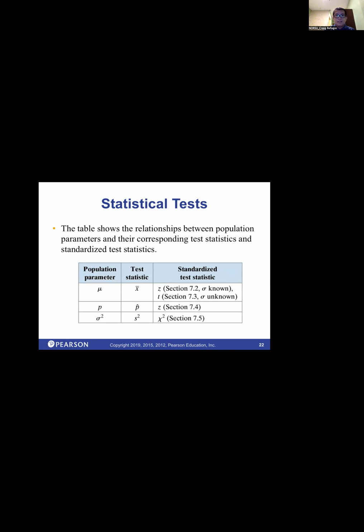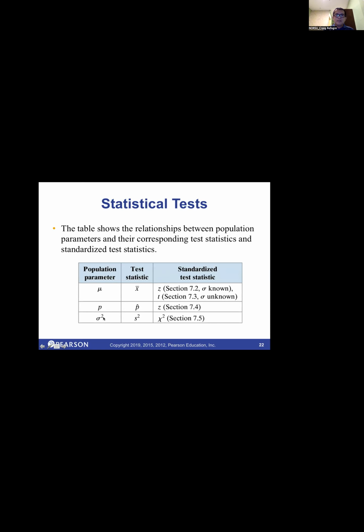This symbol, which looks like letter X, is actually chi in the Greek alphabet, pronounced as chi. Since we have exponent 2, we have chi square. So I repeat: mu, population mean; X bar, sample mean; p, population proportion; p hat, sample proportion.